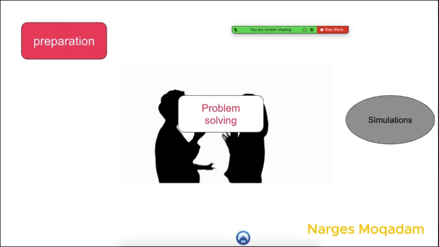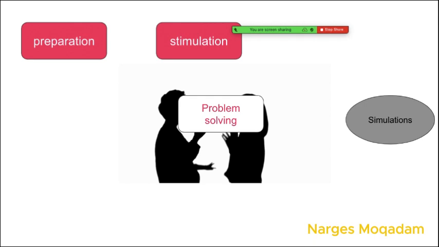For example, you would say that, okay, in this simulation, my aim, actually the lesson aim, is to practice meeting skills and making suggestions. So it's very important to think about them before the class, and also for the students, the learners, to work in this kind of activity, probably they need to prepare even before the class.